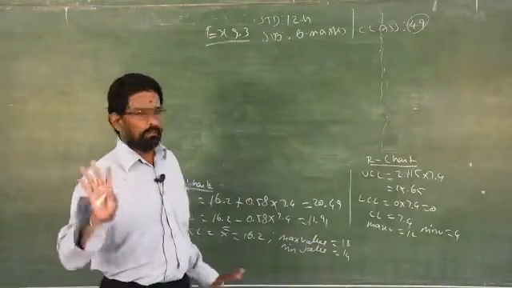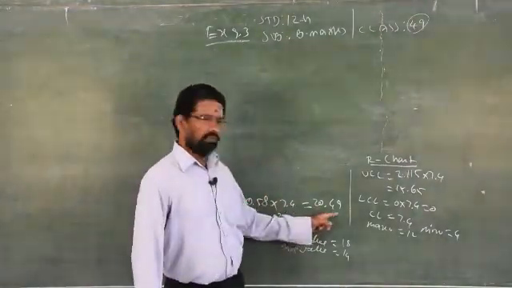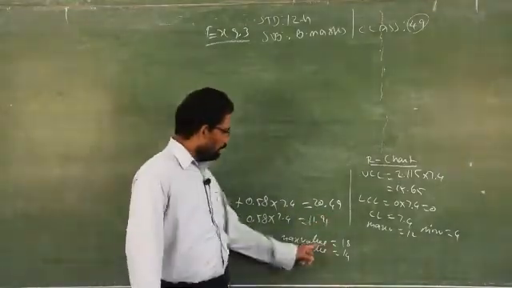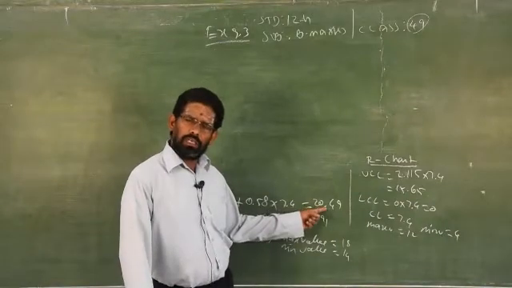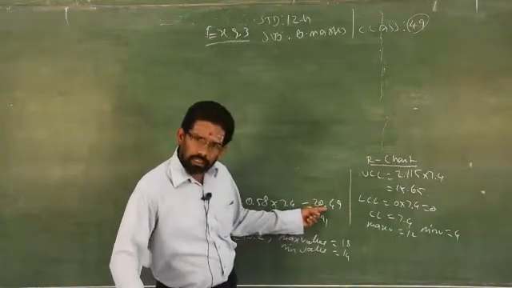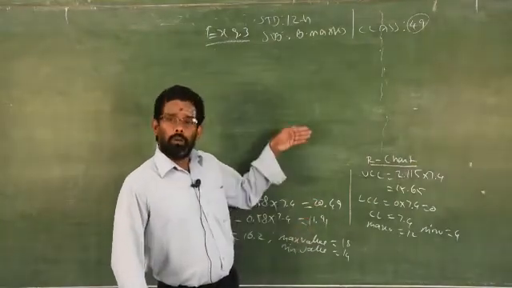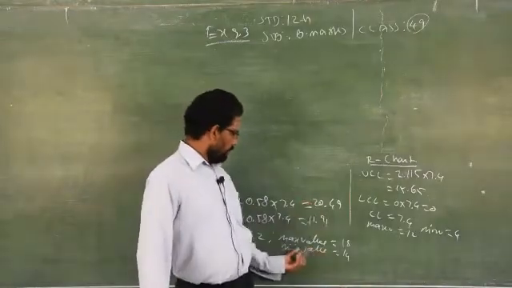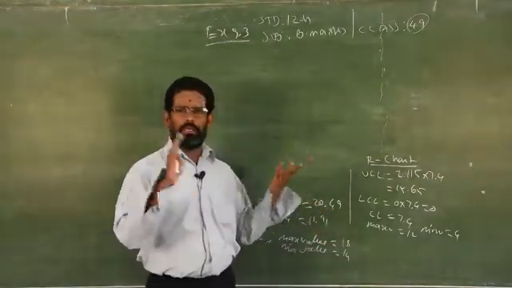Are you clear? Very simple. See, the upper control limit answer is 20.49. What is the maximum value given in X bar? 18. Is 18 less than the upper control limit or more? Less than. Therefore, no data goes out of the upper control limit, because the maximum value in X bar is 18, and 18 is less than 20. So it will not go.